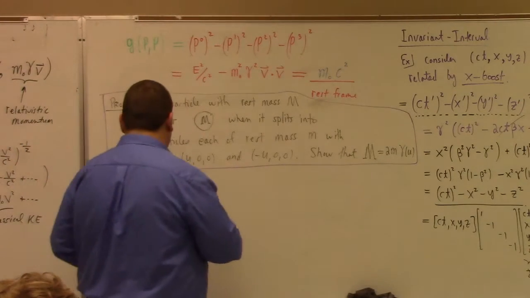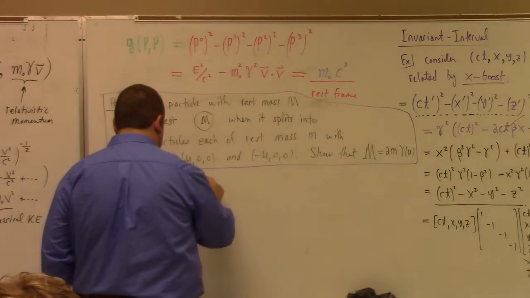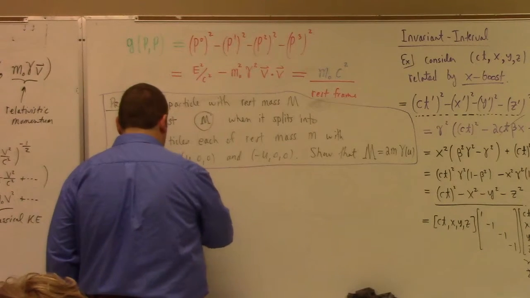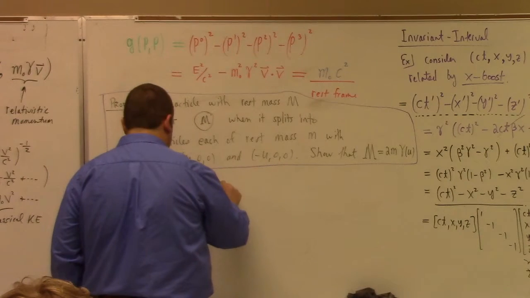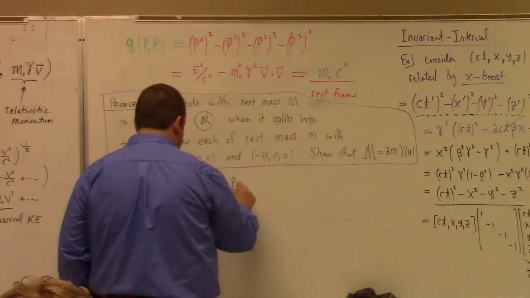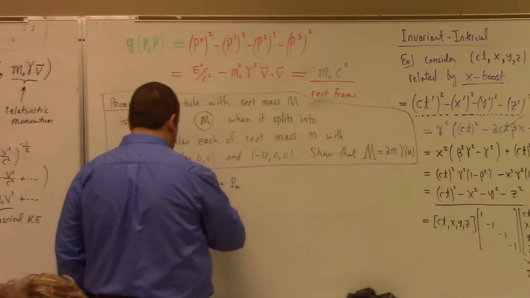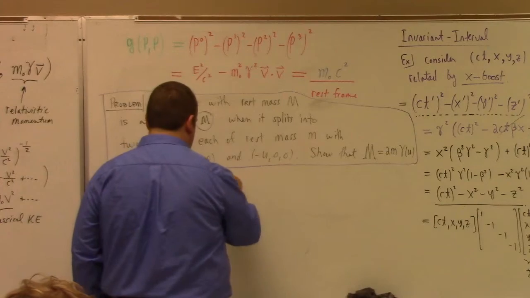So I can look at the momentum before, and I can look at the momentum after. Basically I have the momentum of big M is equal to the momentum of little m plus the momentum of little m. Let's say P1 plus P2, where these are of the little m's, okay?